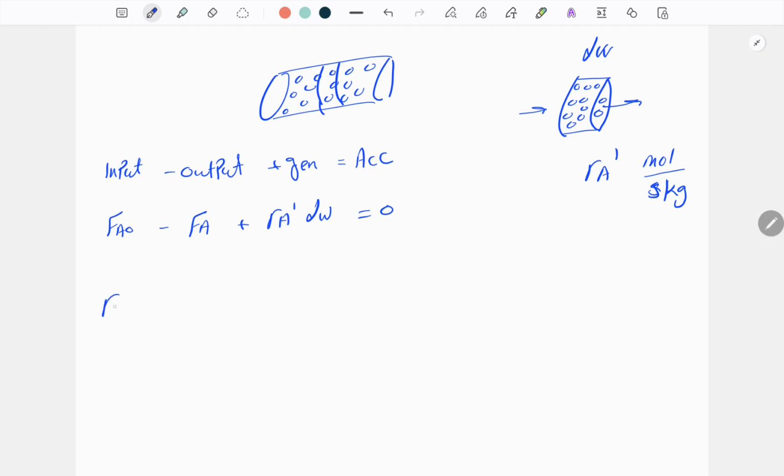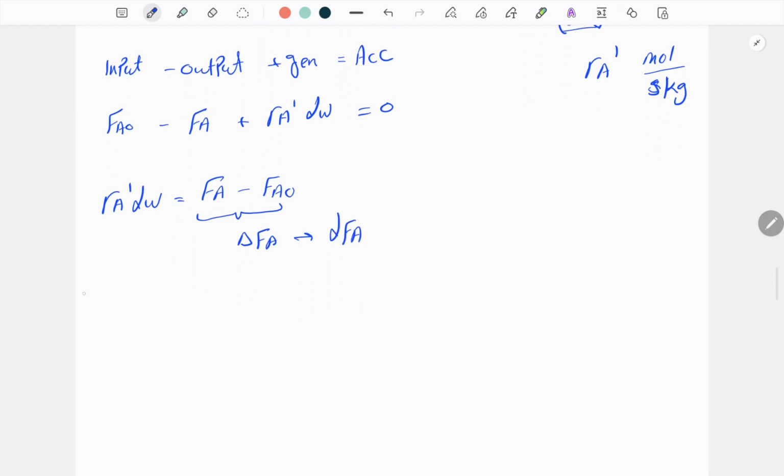So we can solve for dW by isolating it and putting it on one side. So Ra prime dW equals Fa minus Fa naught. This term here can be written as change in Fa, or dFA. Therefore Ra prime dW equals dFA.